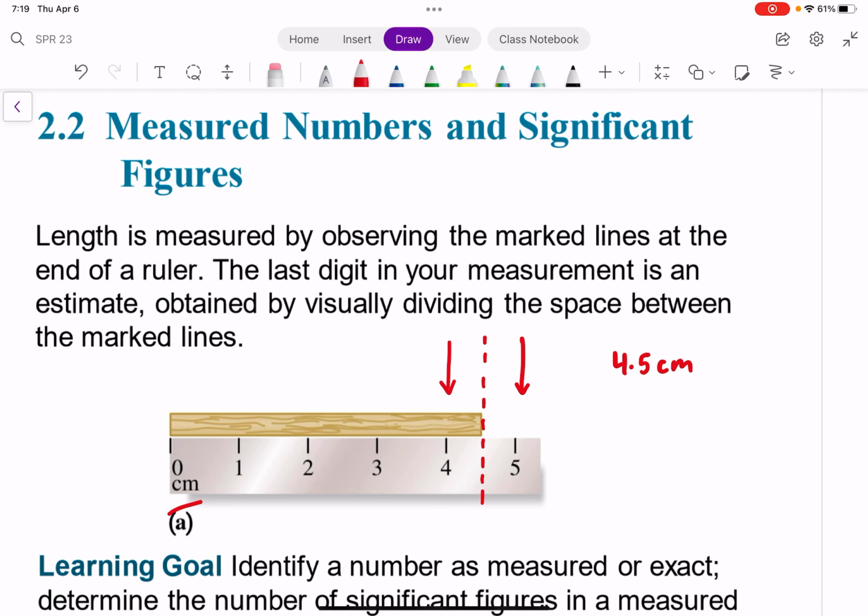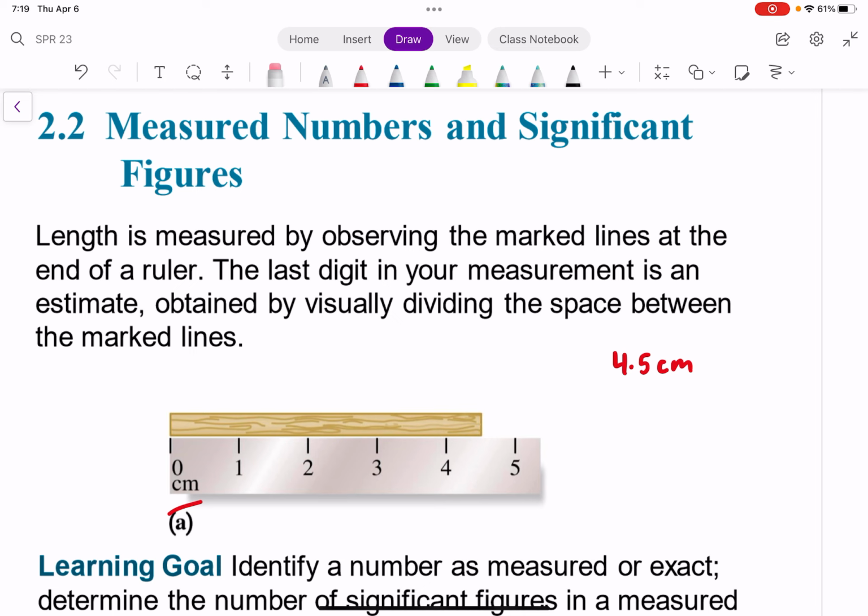But we're not really certain about this number. Looking at it with our eye, we can say we think it's halfway, but we don't have any actual tick mark that indicates that it's 4.5, halfway between 4 and 5. So we're actually estimating this last digit.